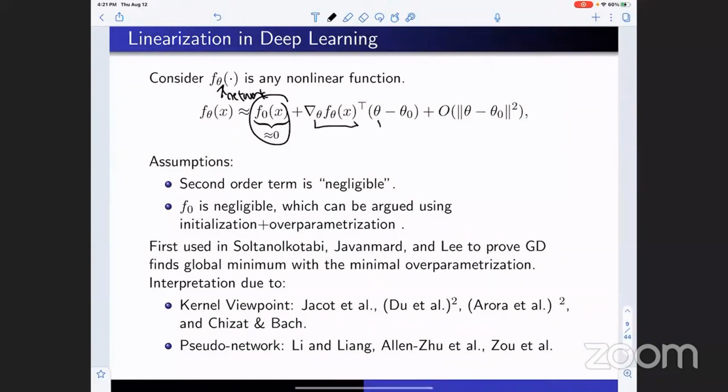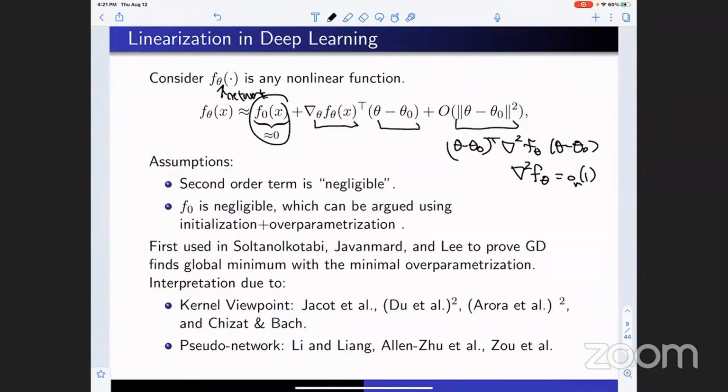This is the important term. And then for some reason, I'll throw away this term. More precisely, I should have written it like this. But it turns out that there are some simple scaling tricks you can do to make this very small, little o of 1 with respect to the width. I'll talk about this in a second.